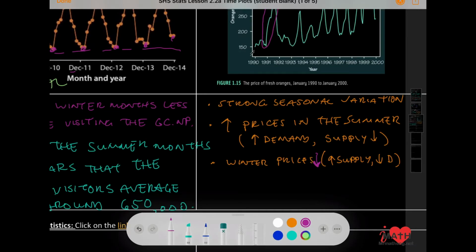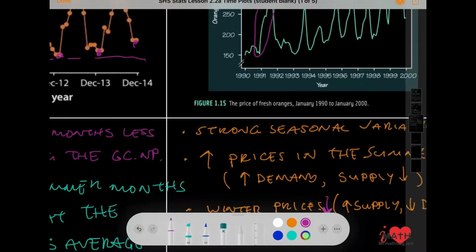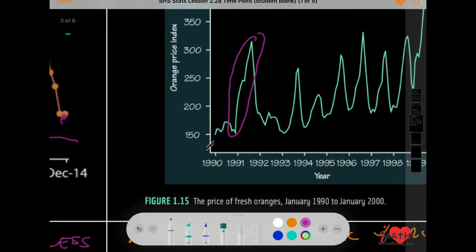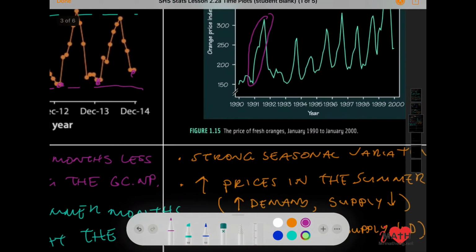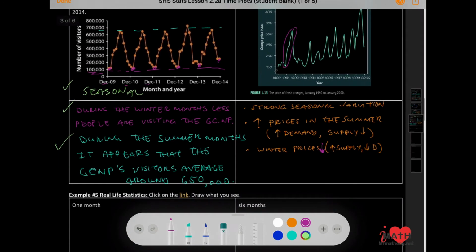Okay. Some other things we can note, like what happened during here. Why do the prices jump up hugely? Maybe look at weather patterns and figure out that there was a freeze in Florida in 1991. Right?